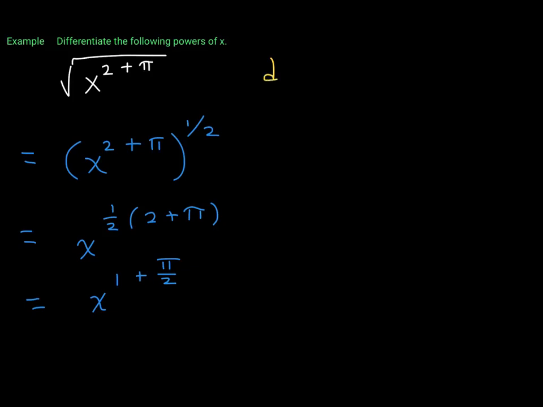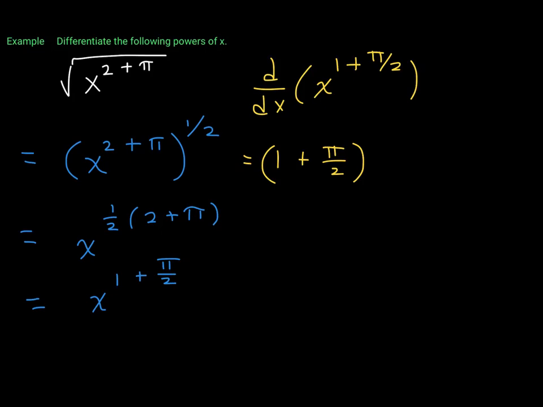All right, now let's find the derivative. So the derivative with respect to x of x to the power of 1 plus pi over 2, like that. All right, very good. Now remember that that power is irrational. So here we go. Bring down the power. 1 plus pi over 2 is the power.